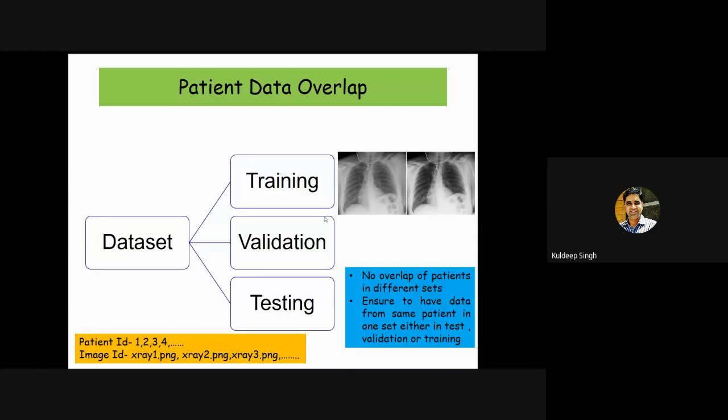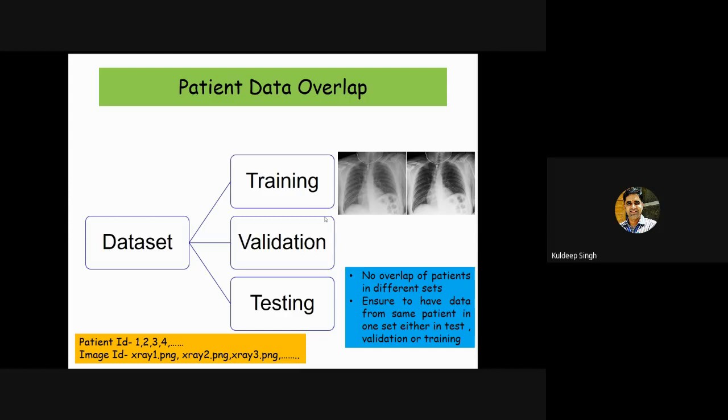And what's the solution to it? The solution is that there should be no overlap of patients in different data sets. Ensure that data from the same patient is in one set only, either in test, validation, or training. Also assign patient IDs to the modalities or the images. Usually in different domains like image classification or object detection, we just assign image IDs.